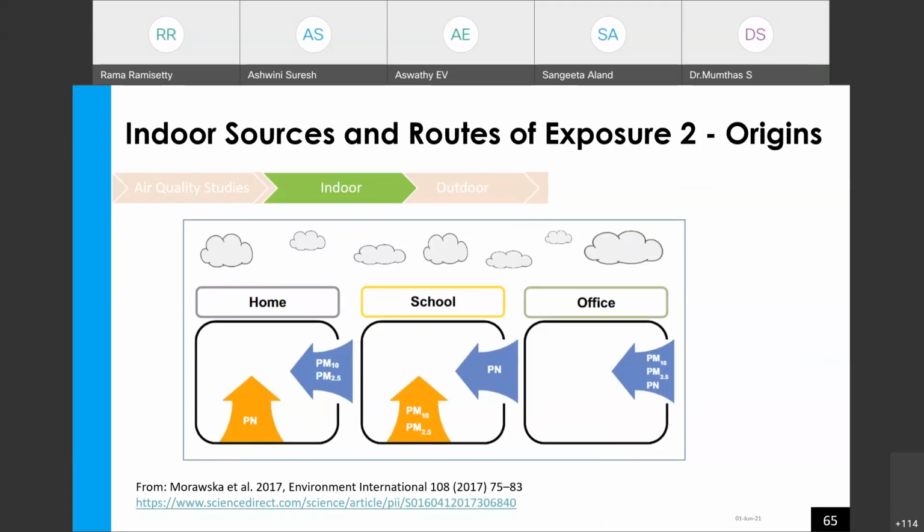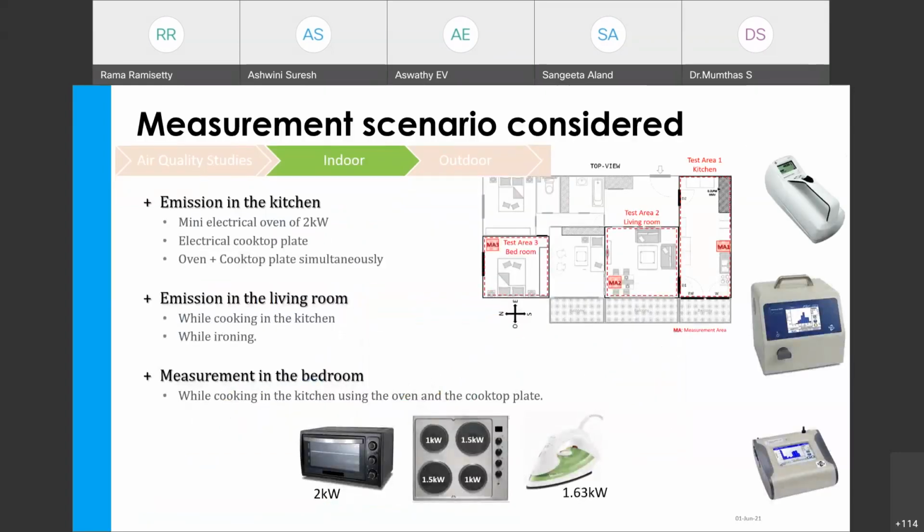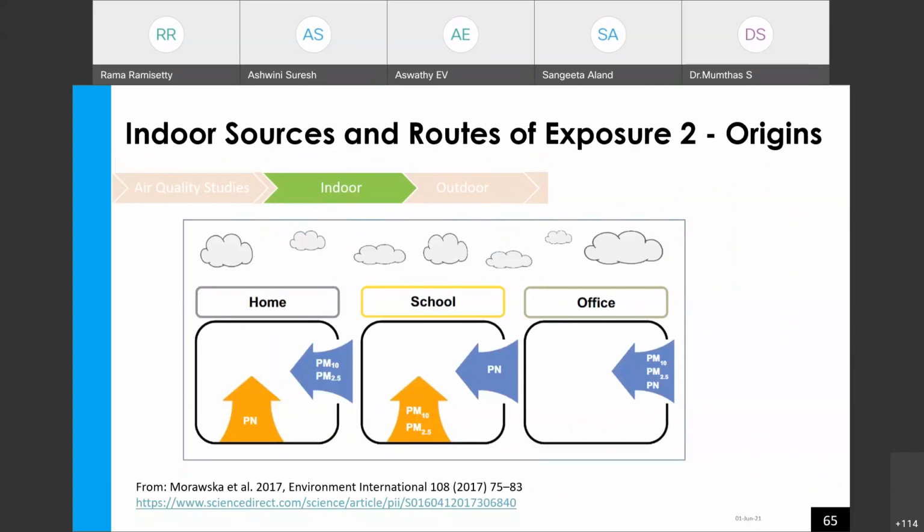PN always tells you how many smaller particles there are in the atmosphere, because we never care about particle mass for PN below 2.5 microns. Also in the school, more particle numbers are contributing to the school atmosphere compared to the mass. And in the offices, all three are coming from the outside. So if you want to analyze carefully where these sources are coming from and how these parameters, particle mass and number, are changing, you should have proper instrumentation.